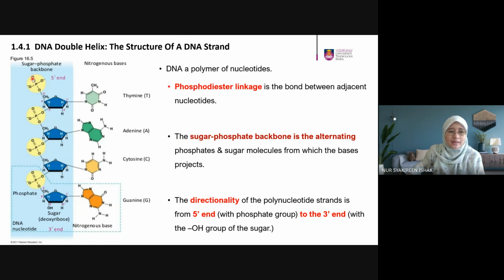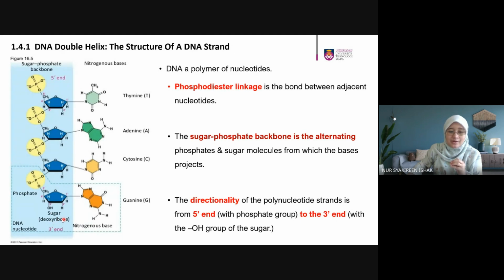So another point that you have to take note on the structure of DNA is that it has directionality. Okay, so because this is a DNA molecule, the 5-carbon sugar, the pentose sugar, we call it as deoxyribose. If this is the monomer, the nucleotide for RNA, the 5-carbon sugar is ribose. Ingat balik kalau RNA, the 5-carbon sugar is ribose, kalau DNA is deoxyribose.